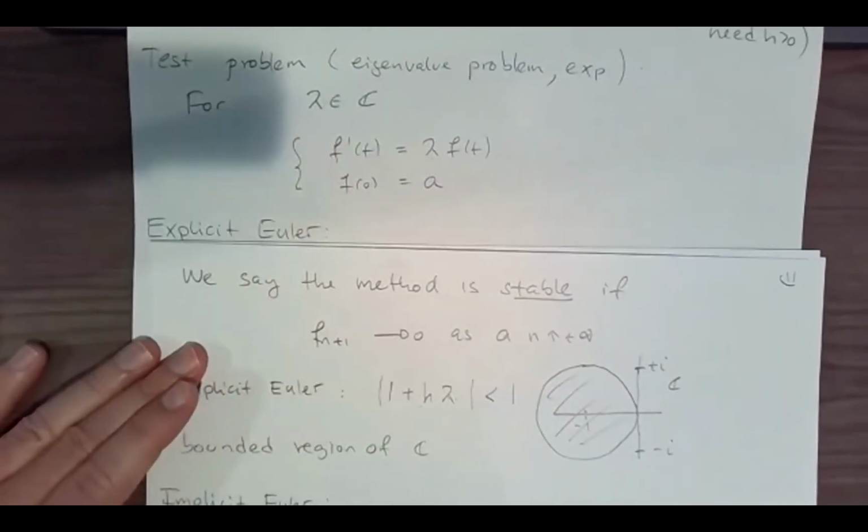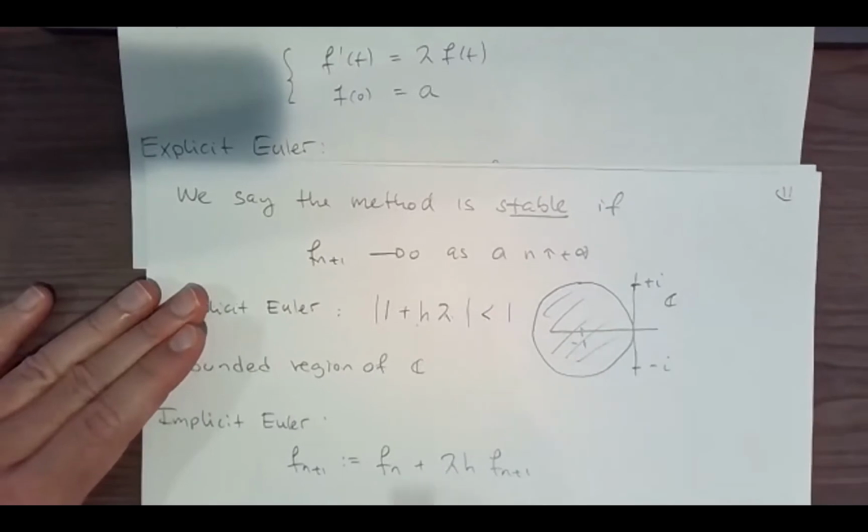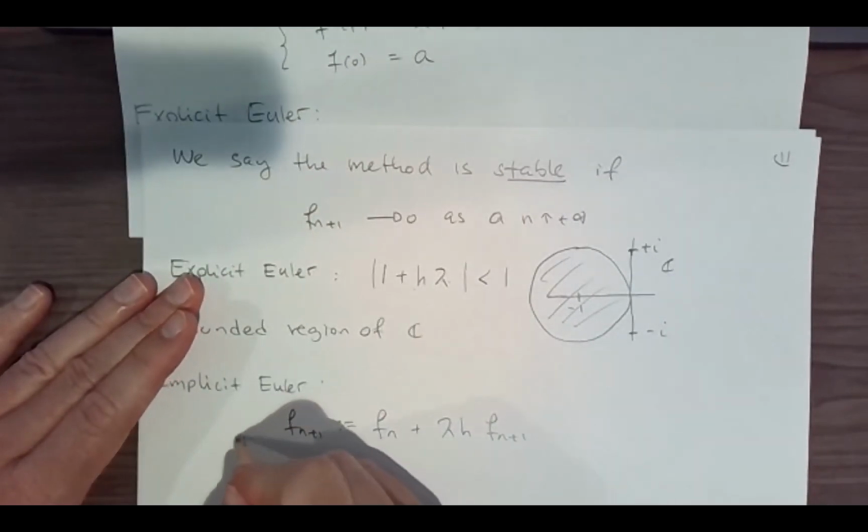The implicit Euler would say that fn plus 1 should be fn plus lambda h fn plus 1. And so this is where we have to do more work. We have to solve, and we can do that.